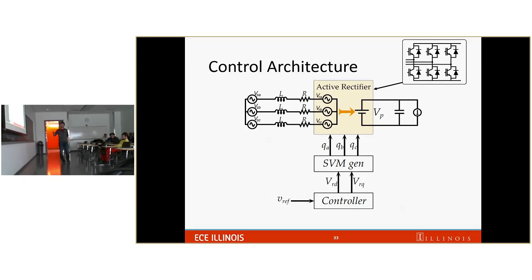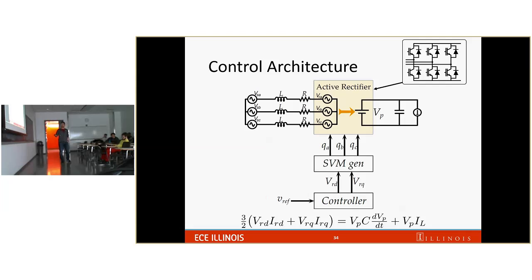And if we go one more abstract level, what control knobs I really have are two voltage reference signals, VRD and VRQ. The power balance of this active rectifier follows this equation. The left-hand side is the power you inject into the AC side of the rectifier, and the right-hand side is the power you draw from the DC side of the rectifier.